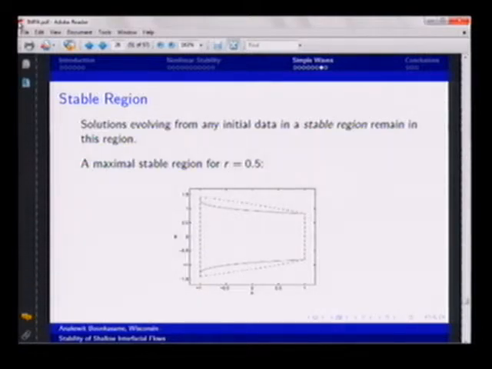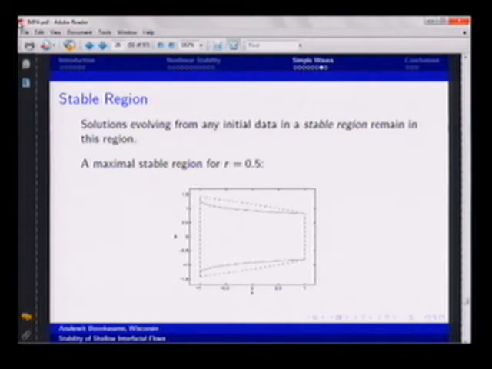So now let me tell you how I construct these boundaries. Well, on the left and the right, we know that the boundaries are simple waves, right? So we know that the stable region extends all the way from the left to the right. And then we know from symmetry of the problem that we could just find the top boundary of the stable region and then reflect it for the bottom one. Okay, so the top curve here, well, it's actually a simple wave, right? Because I know that if I put a simple wave there, then no solutions would cross the simple waves.